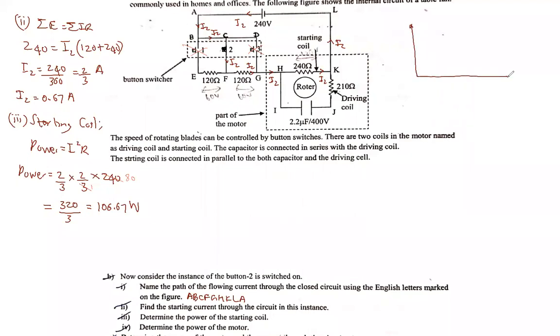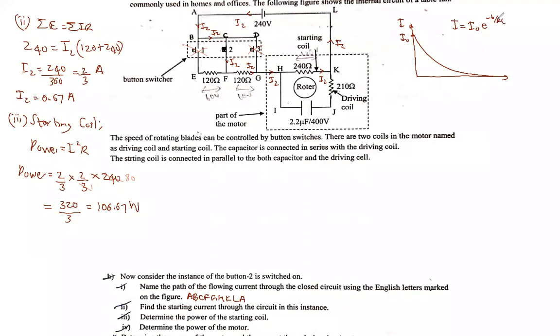When the capacitor is getting charged, current through the capacitor reduces like this. For the initial current I naught, there's an equation: I is equal to I naught e to the power minus t over RC, or some equation like that. It's not in our syllabus.